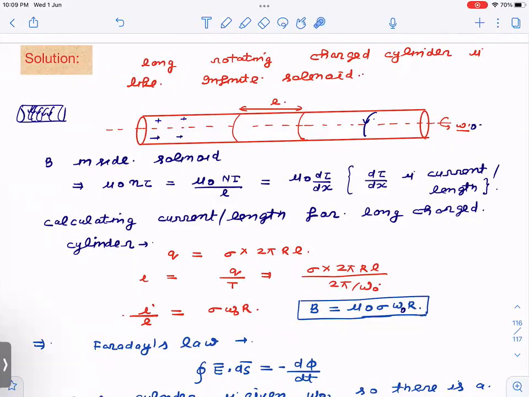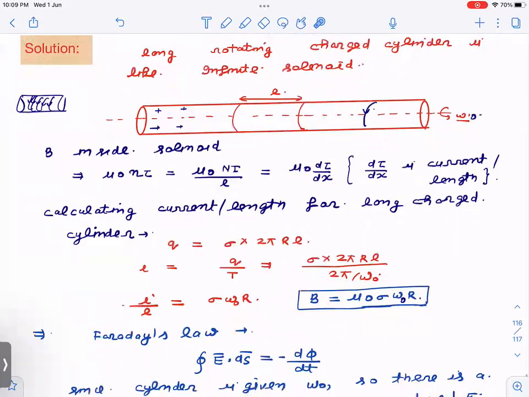This is the current in this length L. What we need is current per unit length, so current per unit length is this. So the magnetic field due to an infinite or very long rotating charged cylinder about its axis with angular velocity omega naught is this. You have to use this result at many places in Pathfinder questions, so it's better if you can remember it.